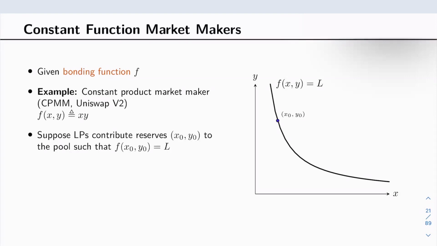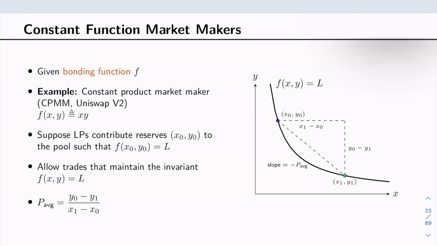And the way this works is initially the pool starts at some point here. The LPs endow the pool with reserves, let's say x0, y0, and it is at that point. And after the pool is endowed with these assets, the pool will allow users to come in and trade, and any trade is permitted so long as you stay on the invariant curve.